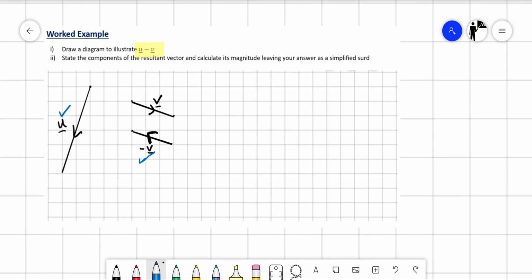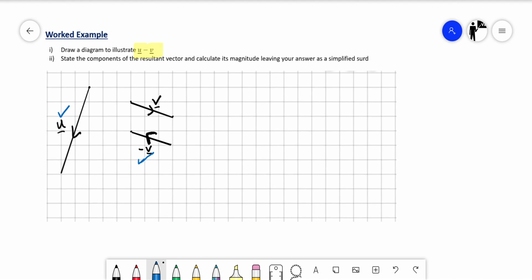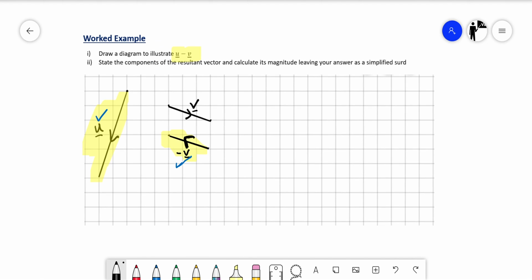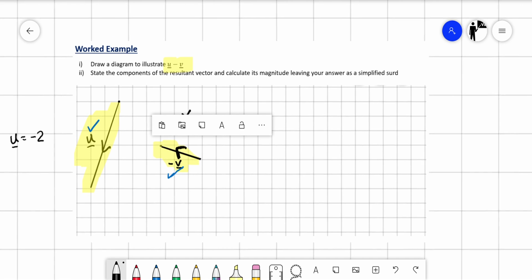Now I want to draw this. I'm going to take my vector u and attach my vector minus v onto the end of it. What are the components of u actually? It's 2 to the left, and then 1, 2, 3, 4, 5, 6 down.